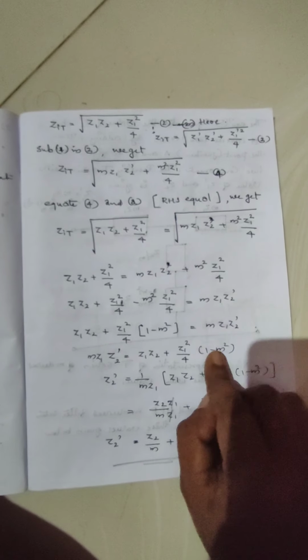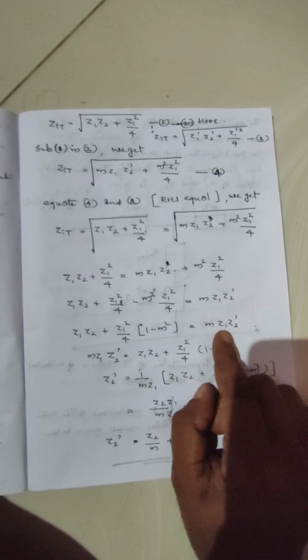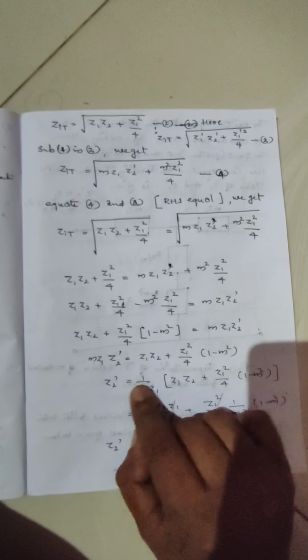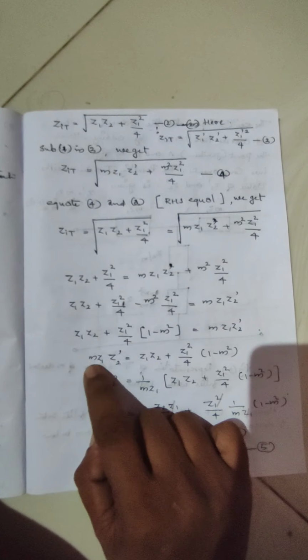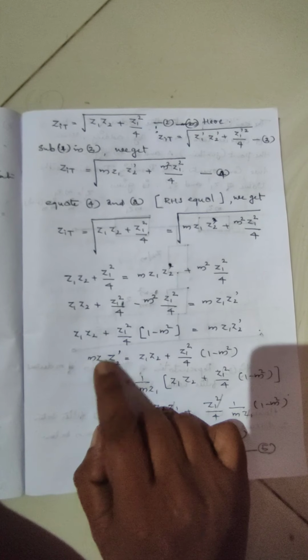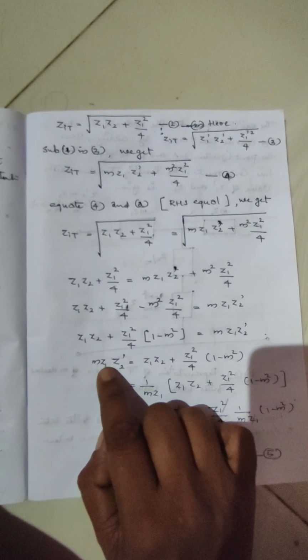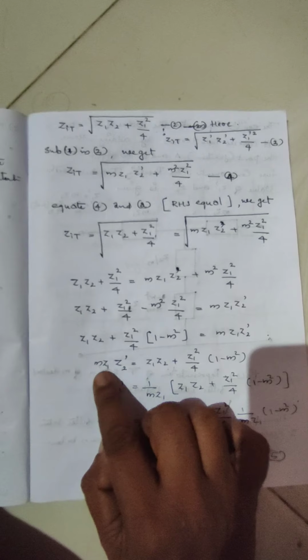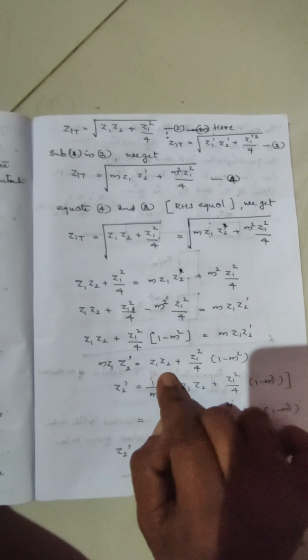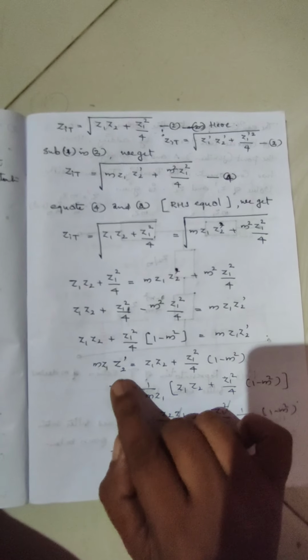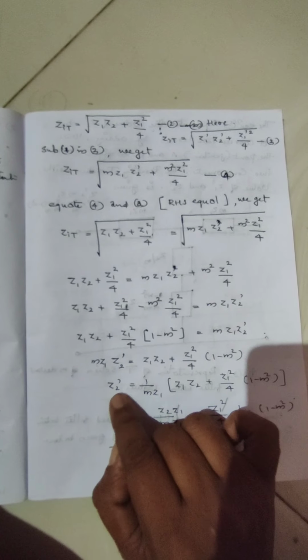Since z2 dash is multiplied by m into z1, I divide the whole term by m into z1, so the right side becomes z2 dash.